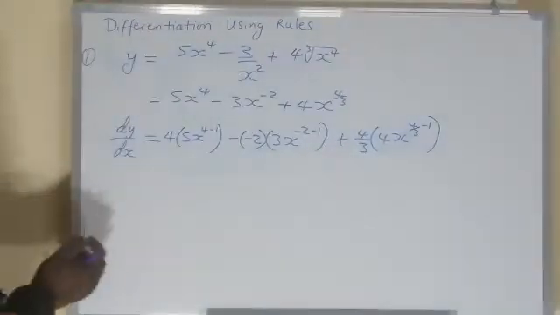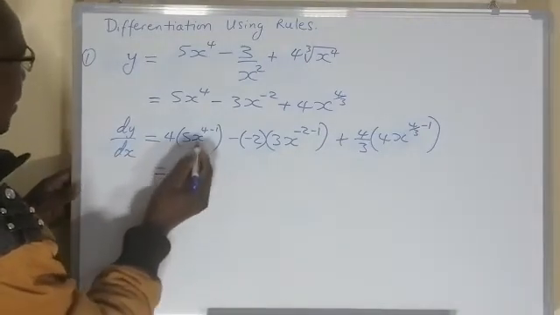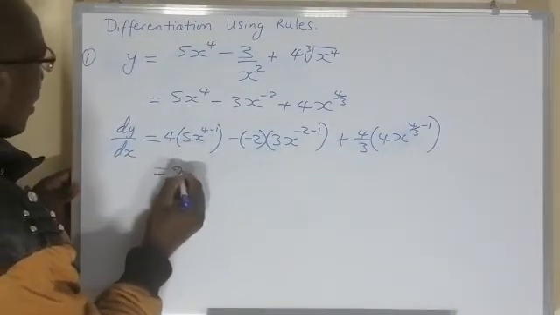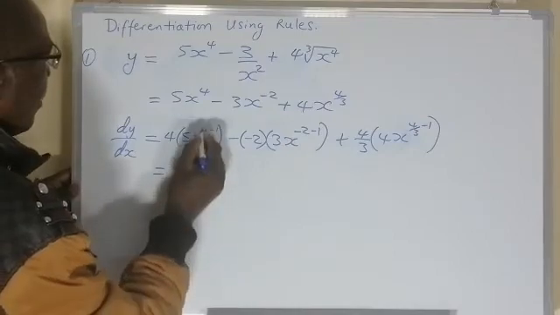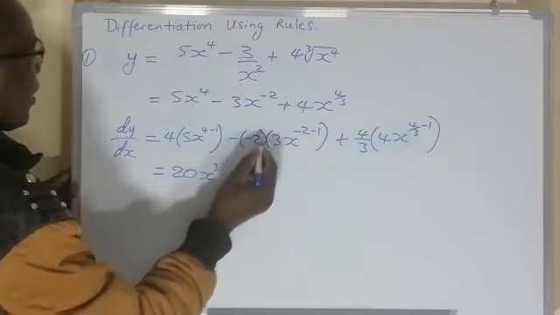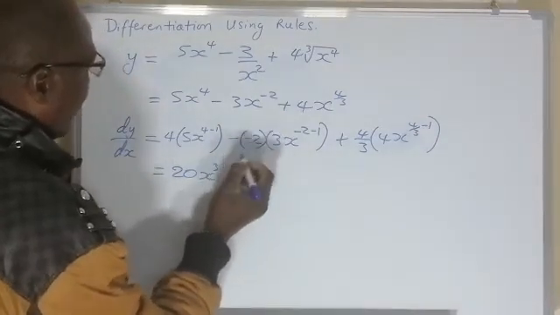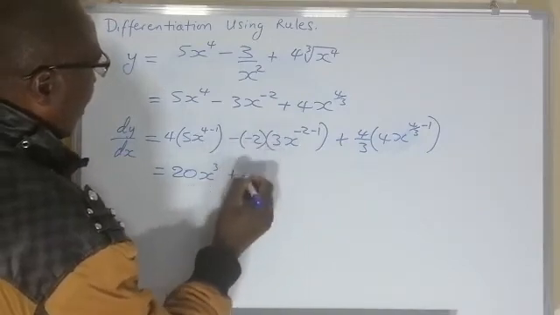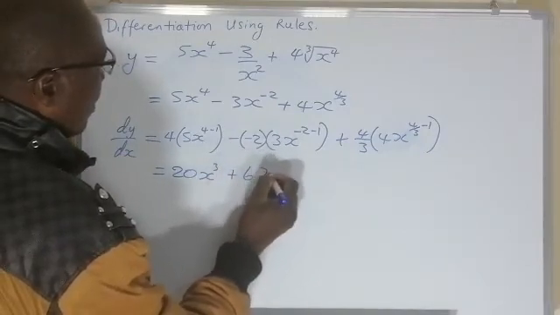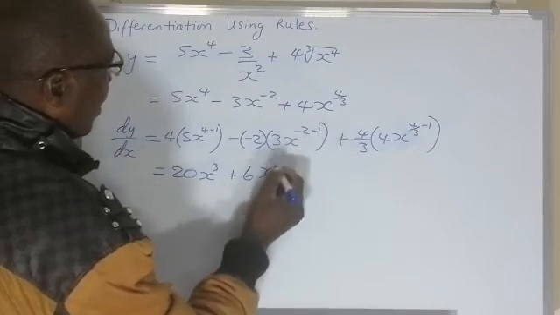Right, like that. So this then will give us 4 times that, that's 20x to the power 3, minus, and this negative, it becomes positive 6x to the power minus 2 minus 1, that is minus 3.